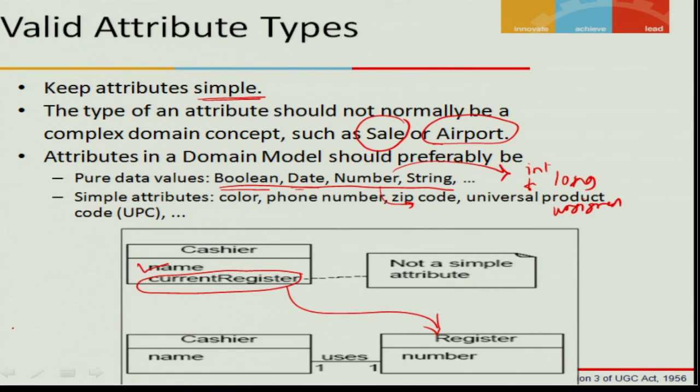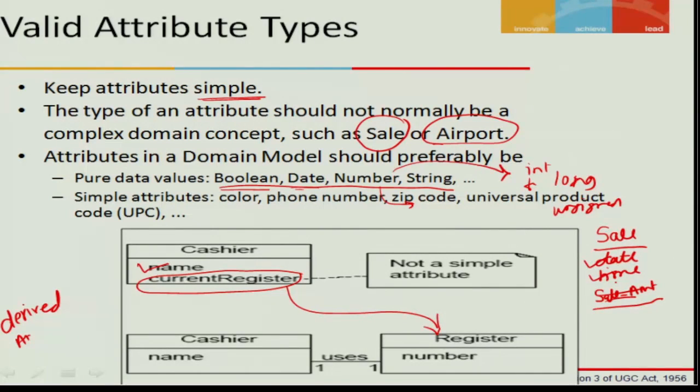Again, you should not think about derived attributes. For example, sale will contain date of sale, that is fine, time of sale, that is fine. Now you should not think about sale amount, the amount to hold the total bill amount. Only limit attribute identification up to pure data values like date, time.